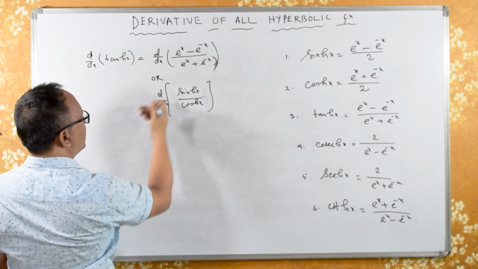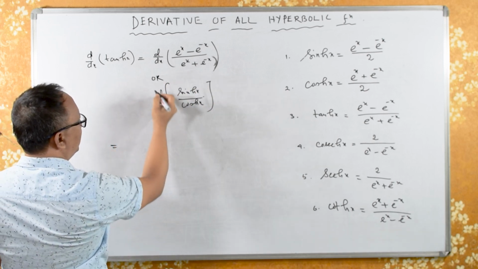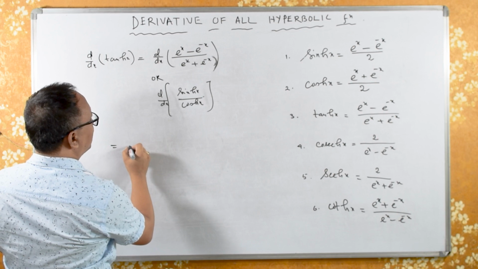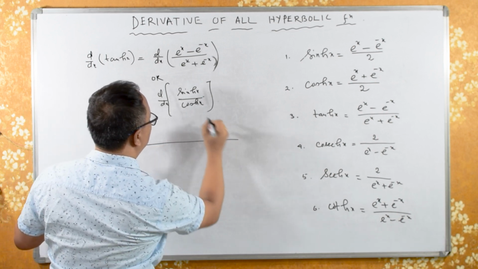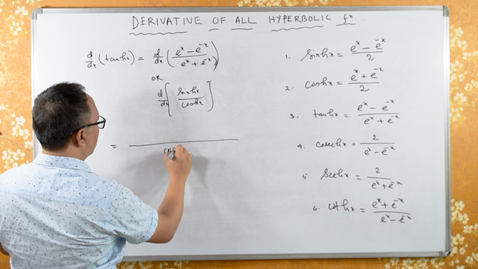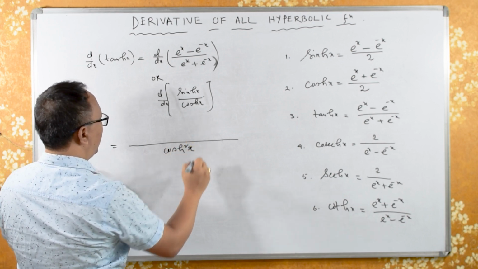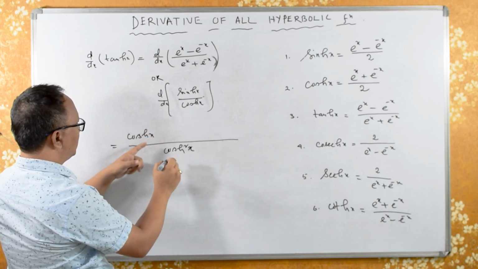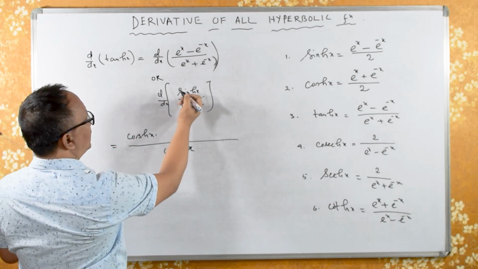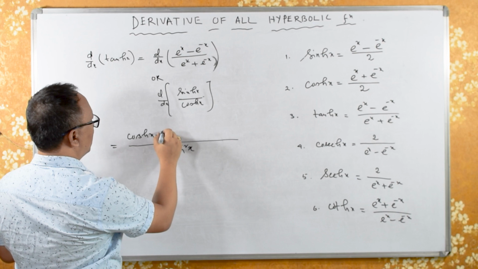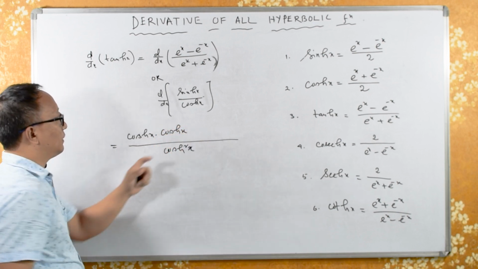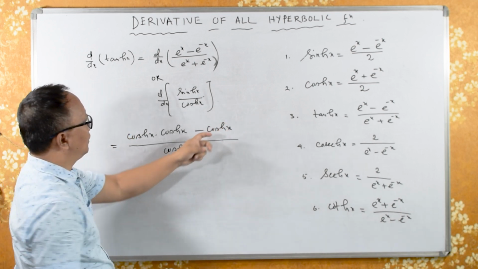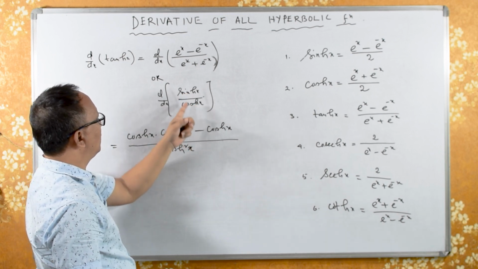Let's solve the second one, which is d by dx of sinh by cosh x. It's like the u by v rule. Here we have cosh whole square x, that is v square, and cosh x keeping as it is, d by dx of sinh x is cosh x, minus cosh x, and d by dx of sine.